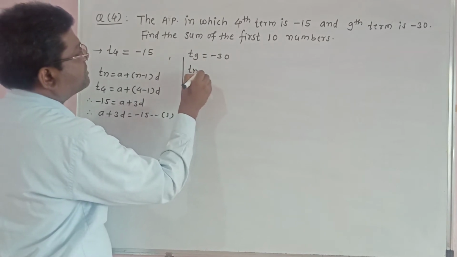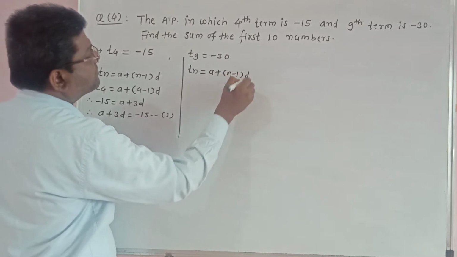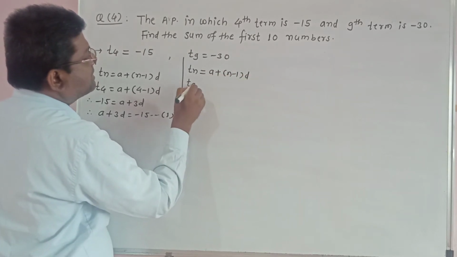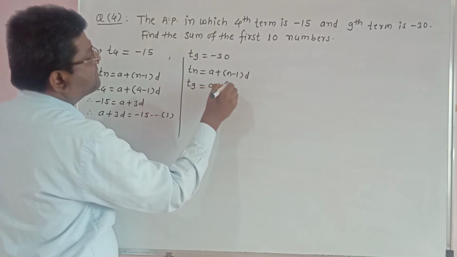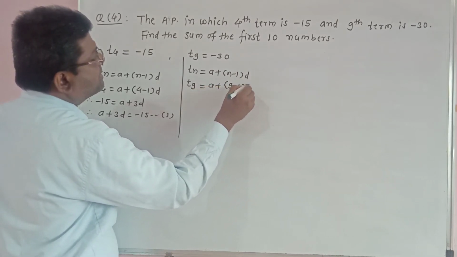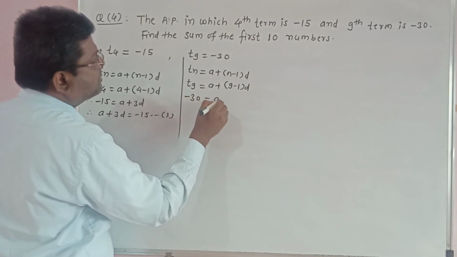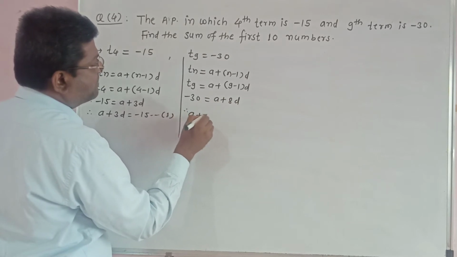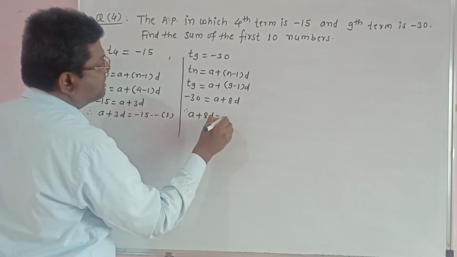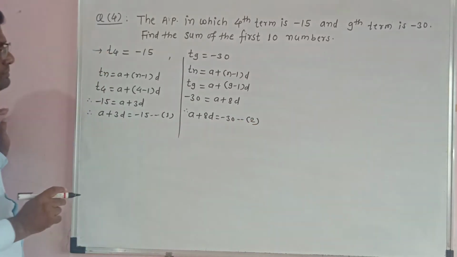Here also we use the formula Tn is equal to a plus n minus 1 into d. So T9 is equal to a plus, that is n is equal to 9, minus 1 into d. T9 is minus 30 is equal to a plus 8d. Therefore, a plus 8d is equal to minus 30. This is equation number 2.